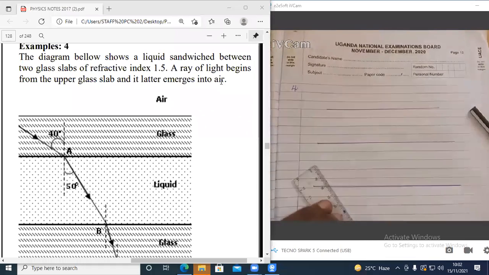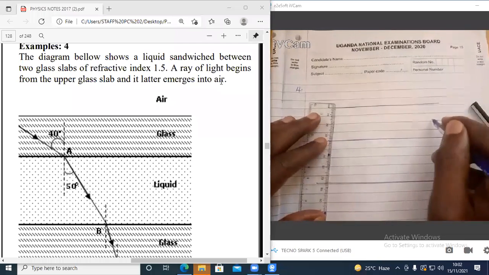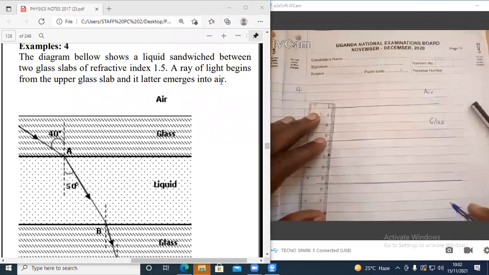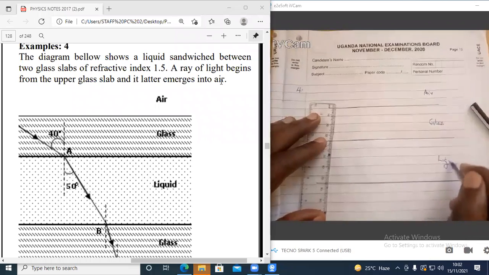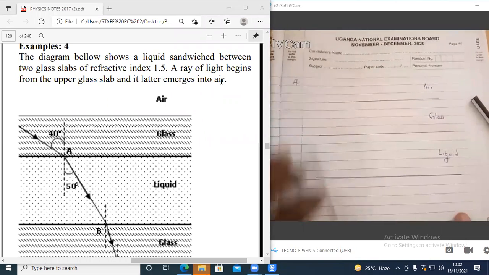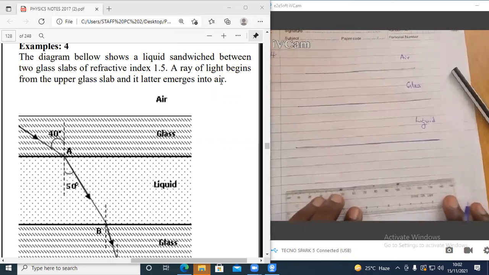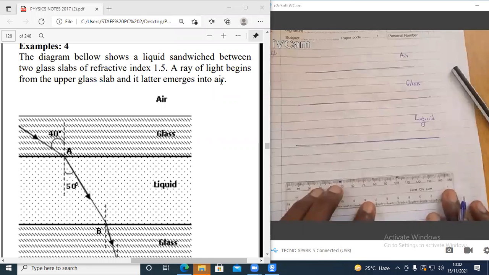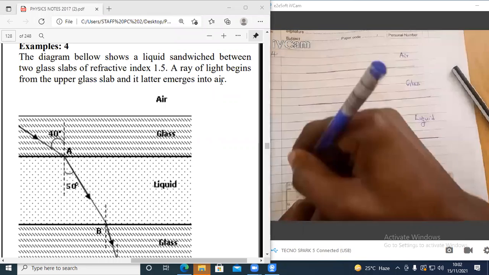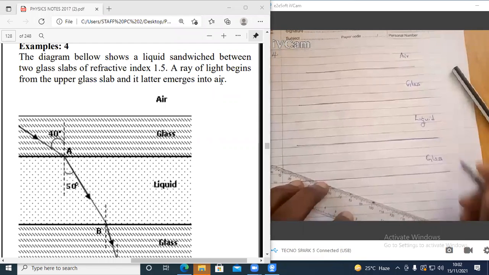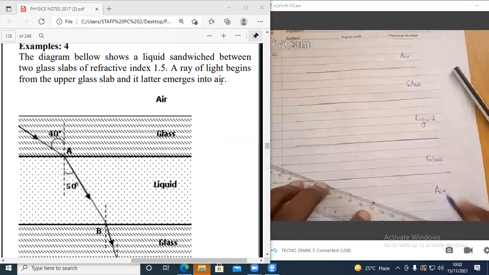So this is glass, this is air, then this is liquid. Then again, glass from down here, and then back to air.